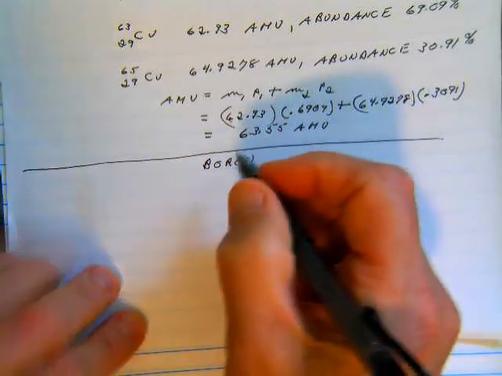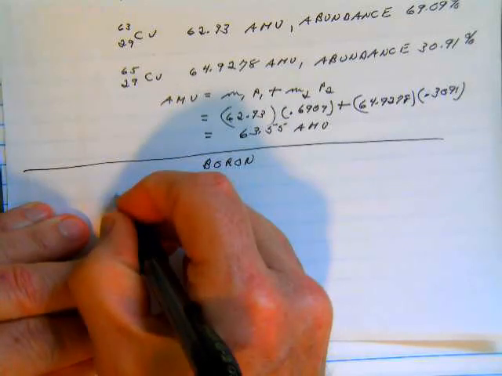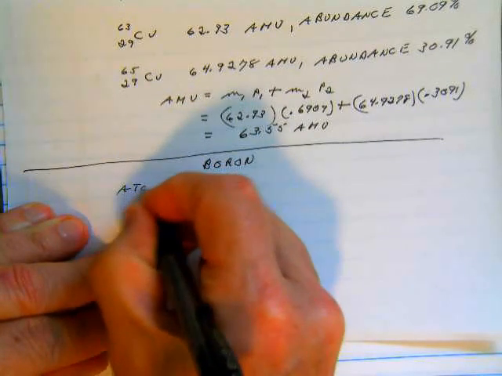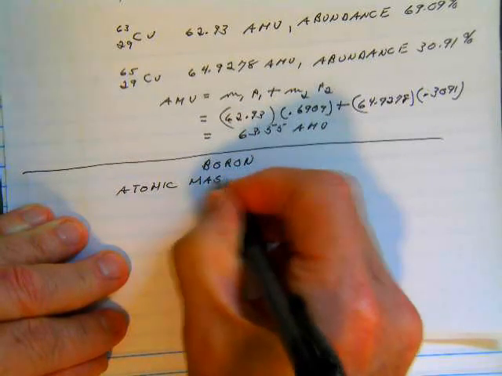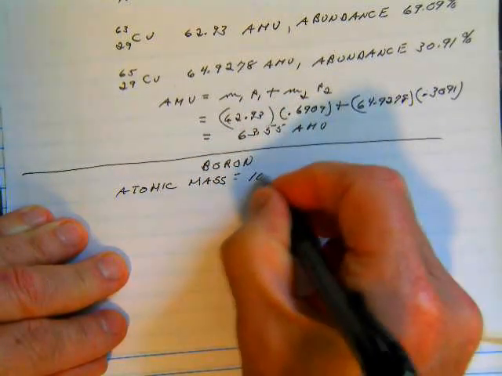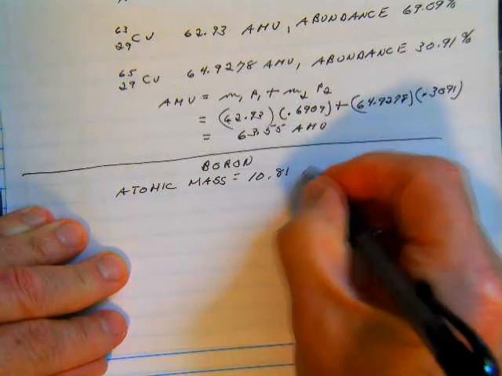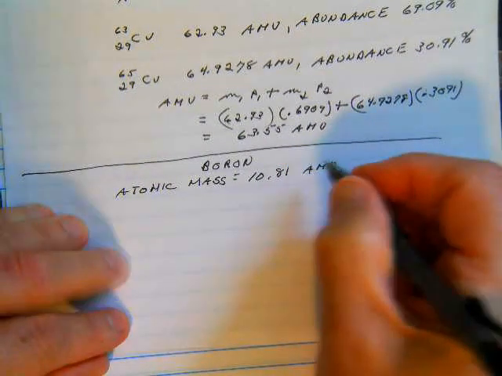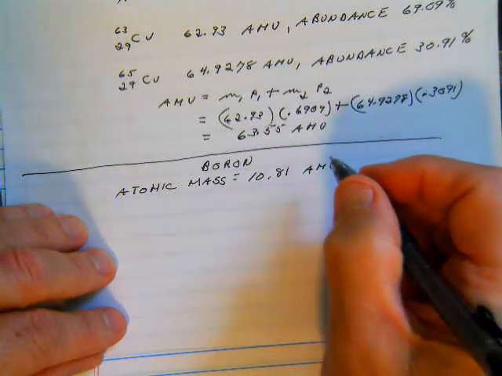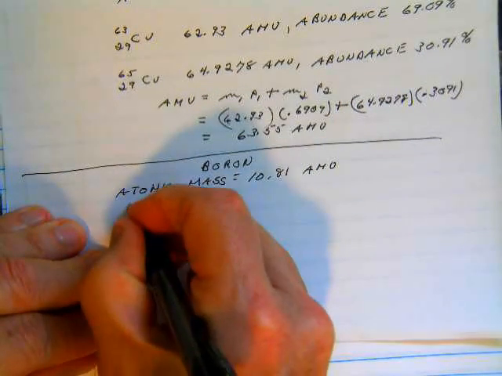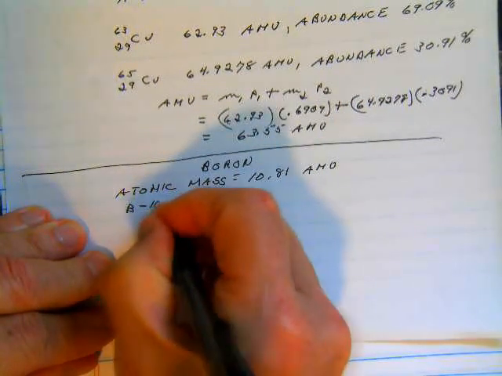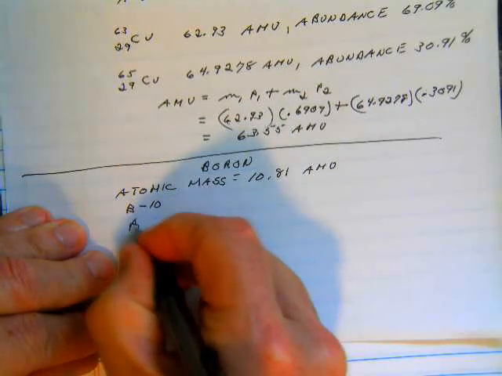Boron has an atomic mass of 10.81 AMUs. We want to know what the percent abundance is going to be for two isotopes, boron 10 and boron 11.